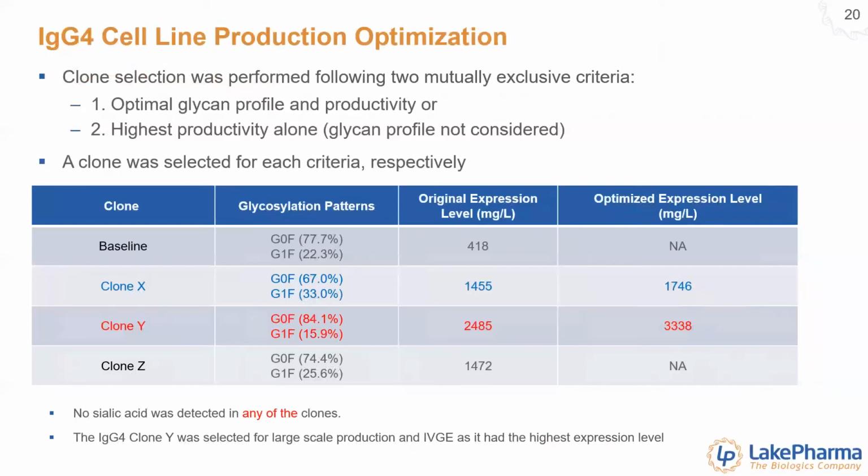But if you look at the G1F content, clone X shows significantly better G1F content than clone Y. So normally, if we select clone based on glyco profile as well as productivity, we would have selected clone X, but if we simply look at from a productivity perspective, we would have selected clone Y. So then the X and Y are moved forward to the next experiment.